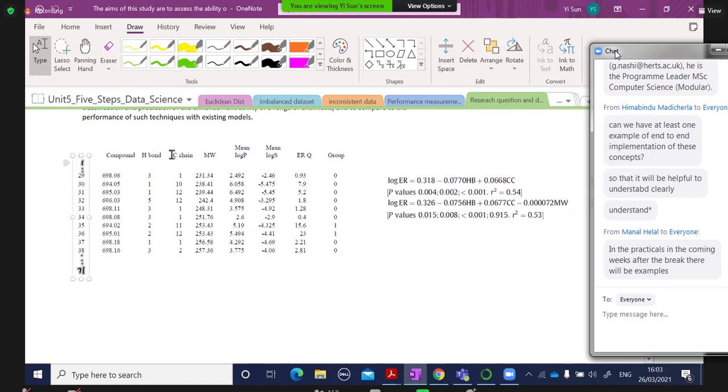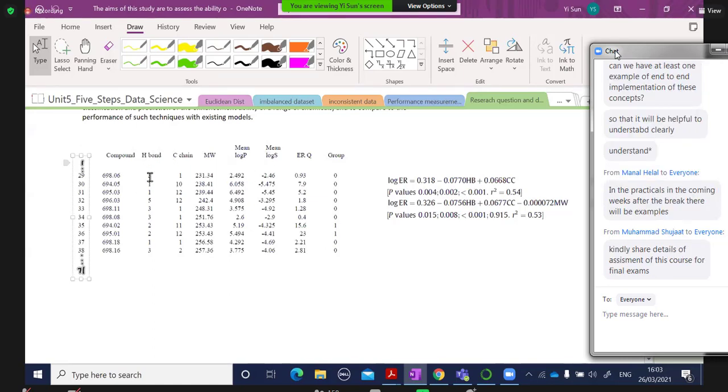And then we have 1, 2, 3, 4, 5 columns. These are the compounds' attributes, features for each compound: hydrogen bond, carbon chain, molecular weight, log P value, log S value, solubility value here.